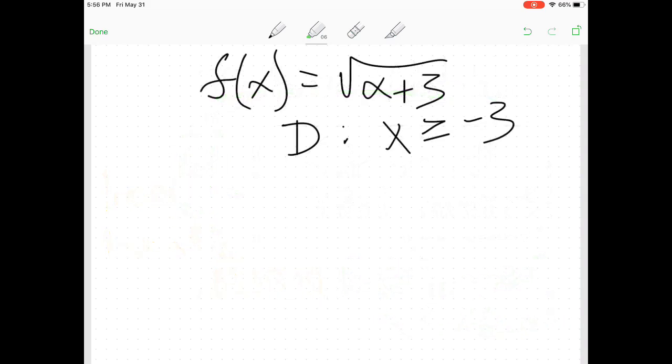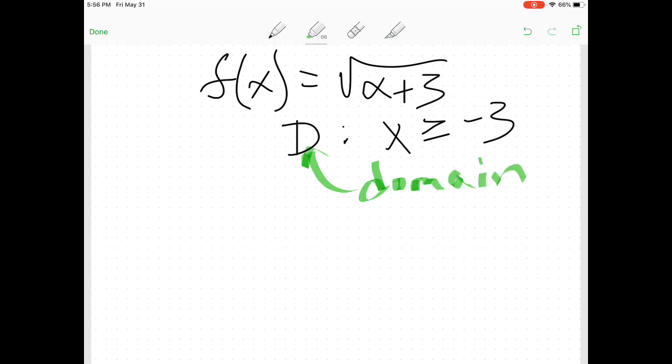All right, so let's take it back a step. We said that the domain of this function here, f of x is equal to the square root of x plus 3, is x is greater than or equal to negative 3. And this is just a common notation for how I'm going to write domain, okay? Just a big D and then a colon. That stands for domain.